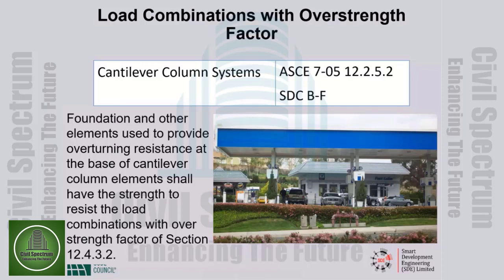The columns like that are cantilevering from the ground, and that is the seismic force resisting system of the structure. Okay. So foundation and other elements used to provide overturning resistance at the base of cantilever column elements shall have the strength to resist, etc. So let us not spend time on that, because you do not really have it in BNBC.